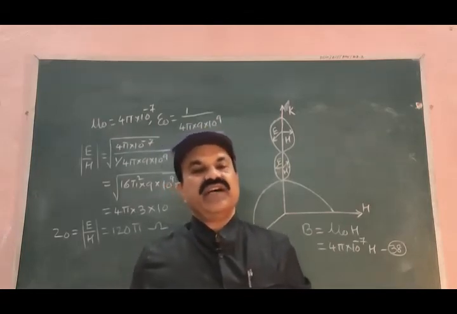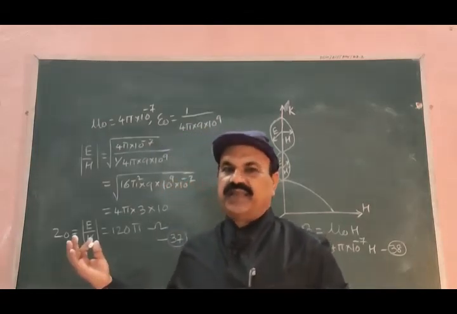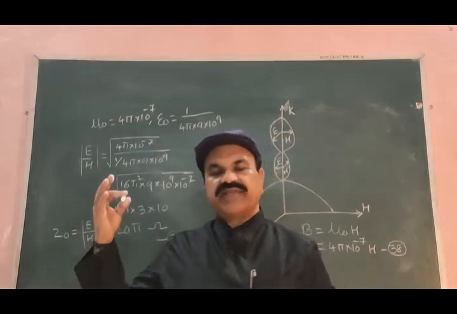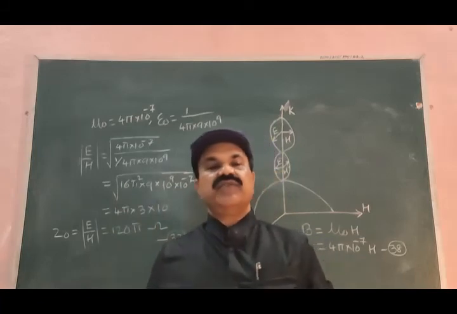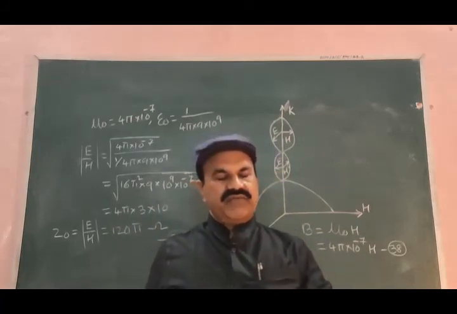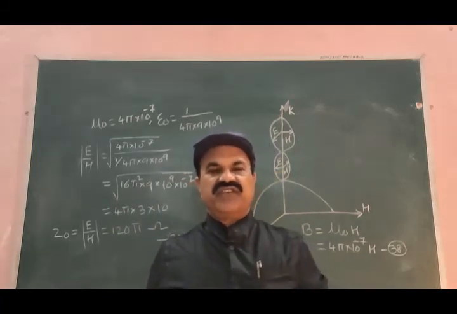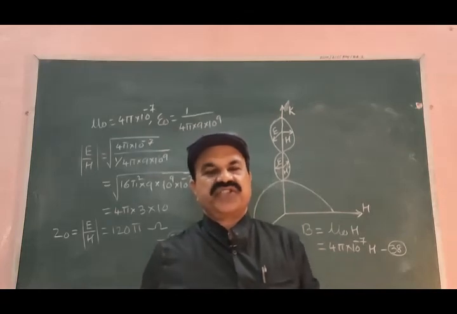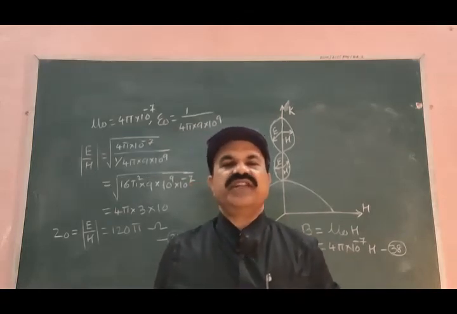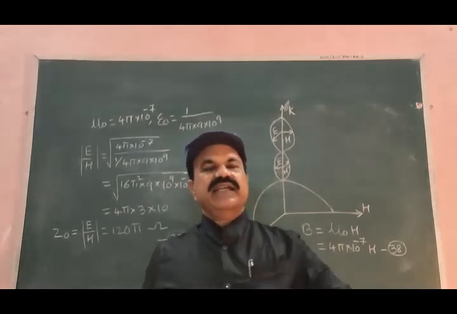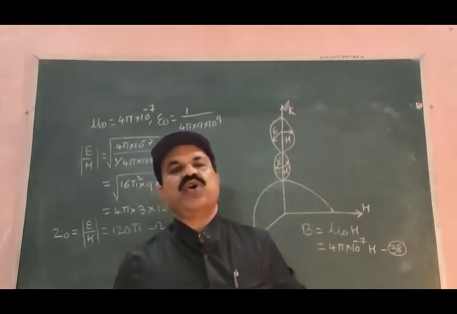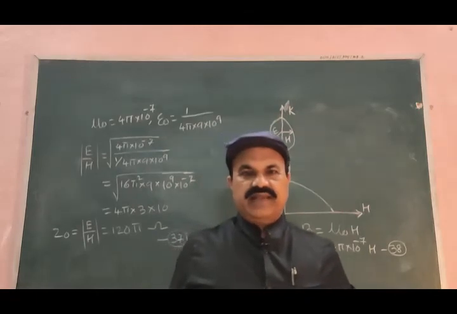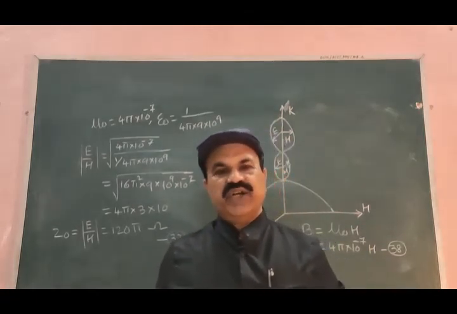Then putting the restrictions from Maxwell's first and second equations, we got del dot E is equal to 0, del dot H is equal to 0. With these restrictions, we got the equations k dot E is equal to 0 and k dot H is equal to 0, from which the conclusion we drew is that E and H both are perpendicular to k.